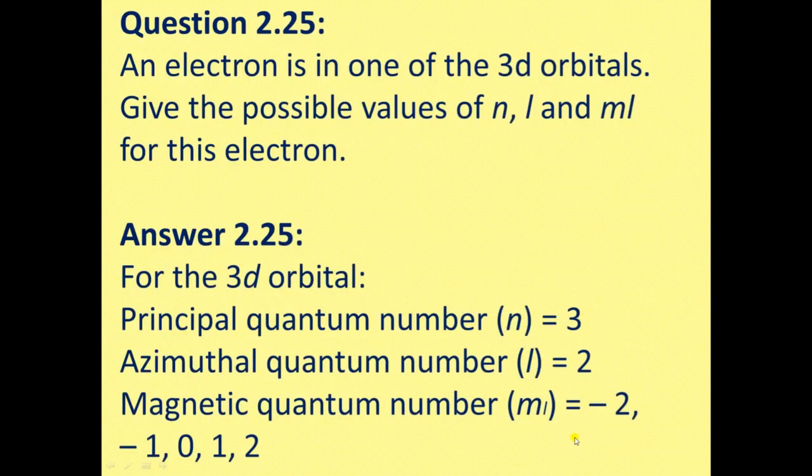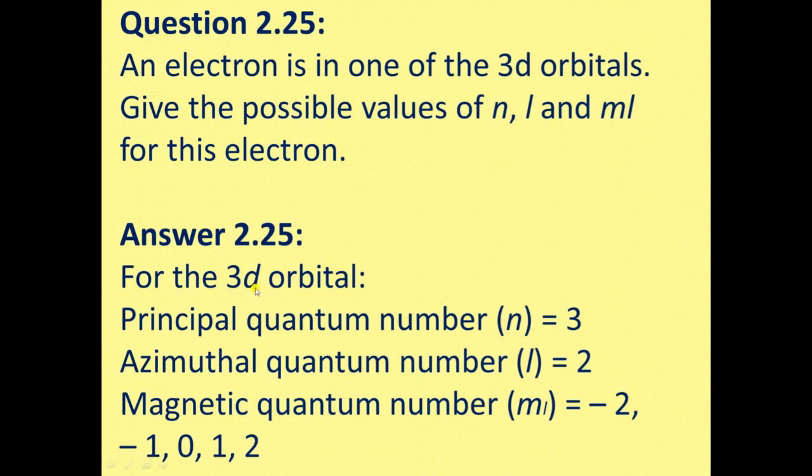Now question number 25. An electron is in one of the 3d orbitals. Give the possible values of n, l and ml for the electron. So for 3d orbital, this number represents the principal quantum number, that is n. So value of n is 3. Value of l is determined by this alphabet. If it is s, then value of l is 0.